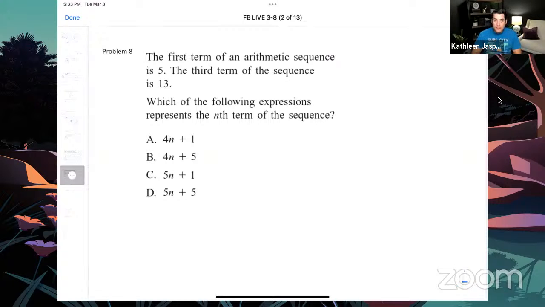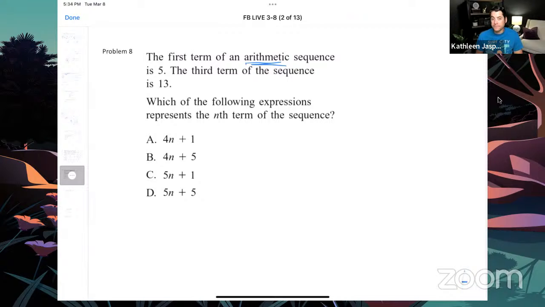Okay. This next one here says the first term of an arithmetic sequence is 5. The third term of the sequence is 13. Which of the following expressions represents the nth term of the sequence? All right. So how do we figure this out? If I've got the first term and third term, and it's arithmetic, should I be able to figure out what the pattern is?